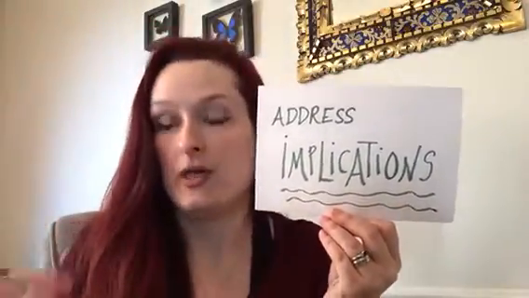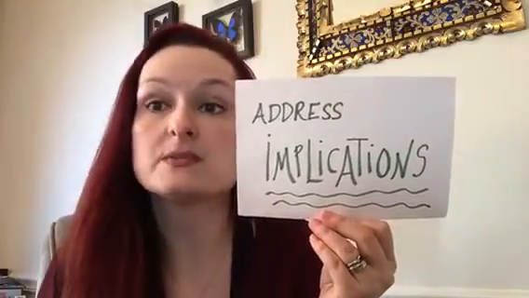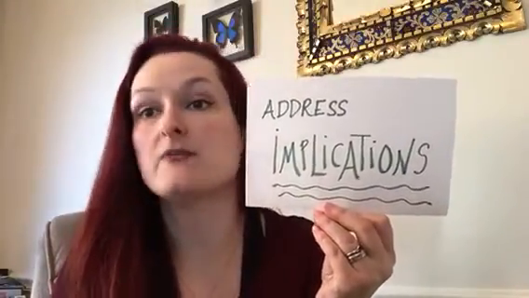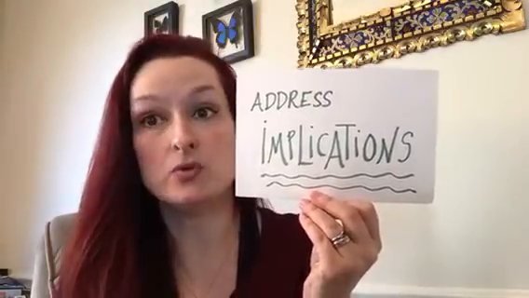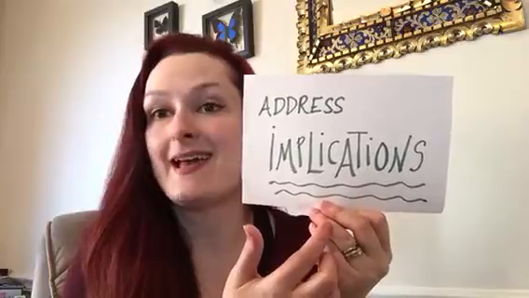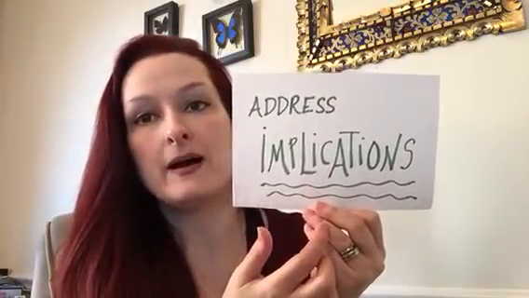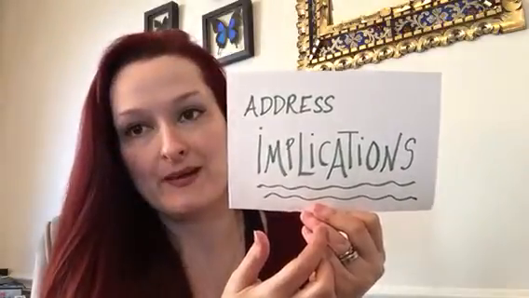That's the hook. That's what gets people interested in reading your full article, or if it's a conference proposal abstract, that's what's going to get those conference organizers to accept you for your presentation. So addressing the implications is the hook. That's how you convince readers that what you've written about is important and that they should care about it.